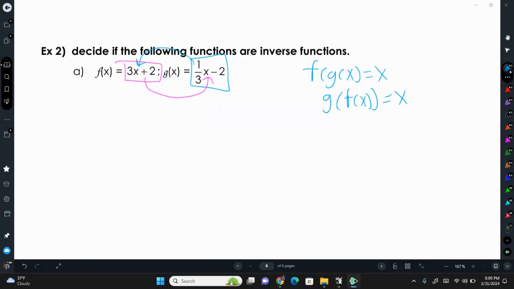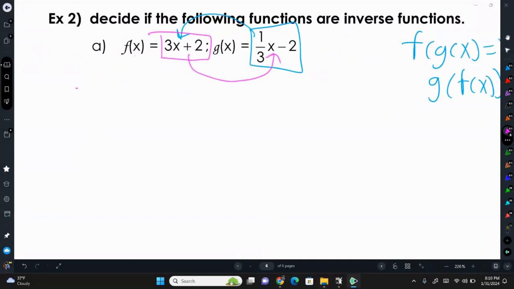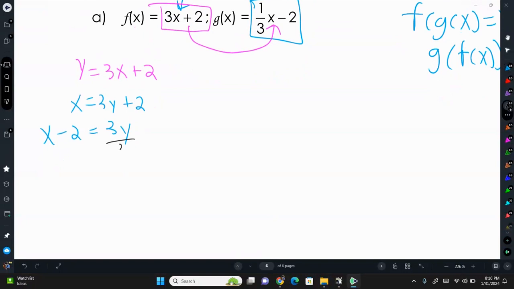So what I want to do instead is let's just calculate the inverse of f and see if we get g. So y equals 3x plus 2. Switch our x and y. Then we're going to subtract 2 from both sides. So we have x minus 2 equals 3y. And then we divide both sides by 3. And we can't simplify any of these fractions. We have x minus 2 divided by 3 equals y.